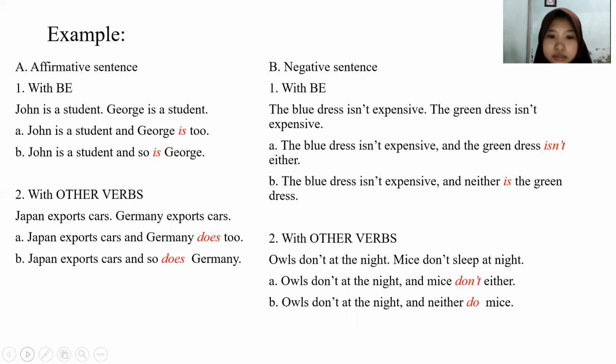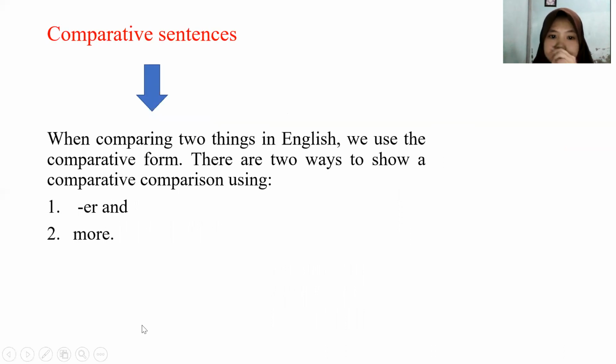All right. The next way is comparative sentences. When comparing two things in English, we use the comparative form. There are two ways to show a comparison: number 1 is adding -er, and number 2 is using more.